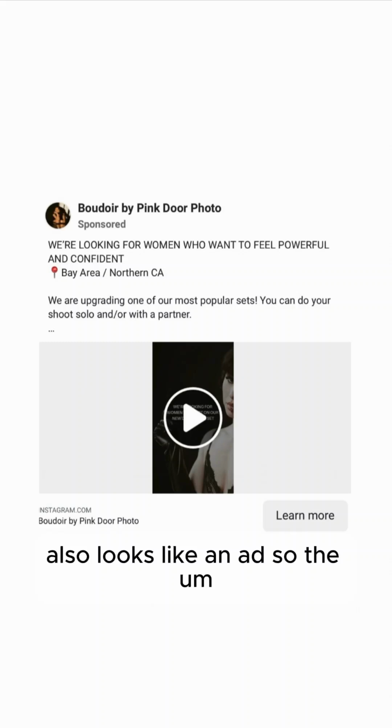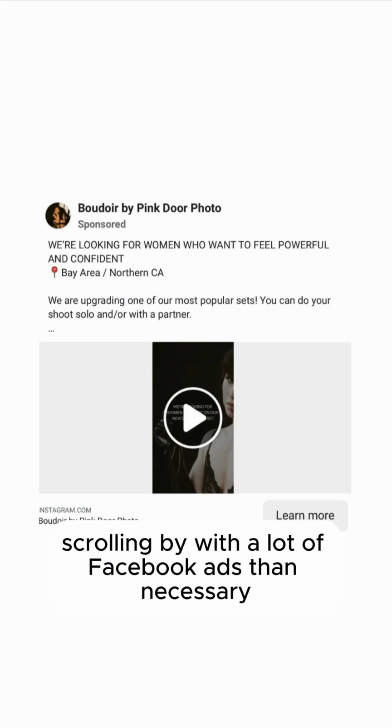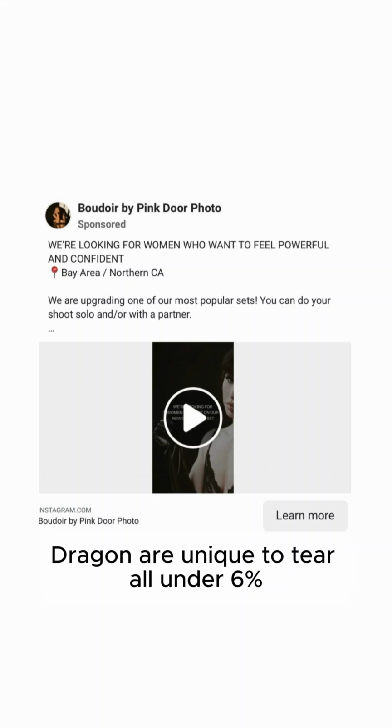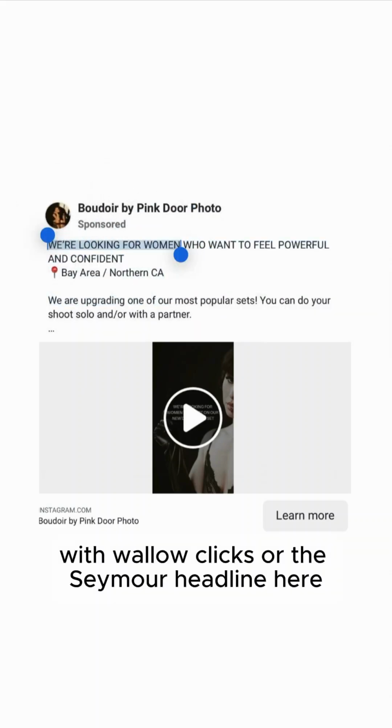So the consequence of this is way, way, way more women scrolling by our boudoir Facebook ads than necessary. Dragging our unique CTR under 6%, and contributing to BLCS.